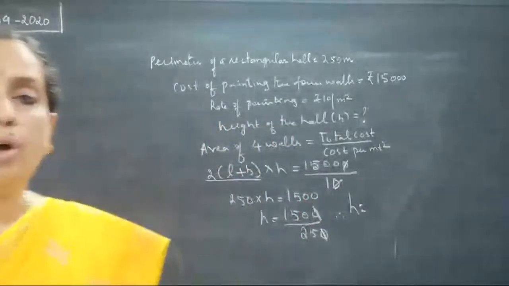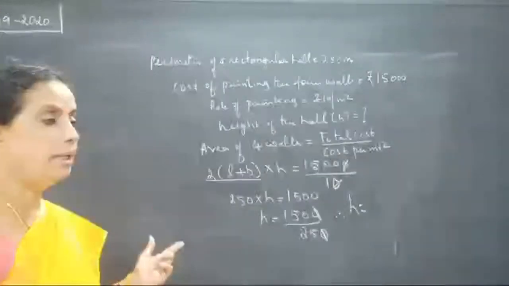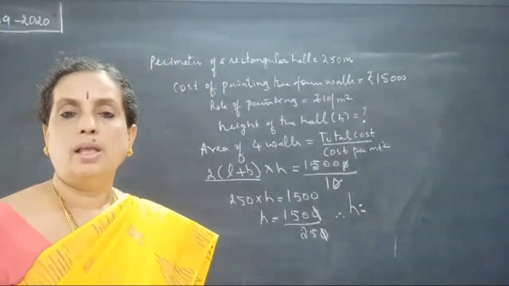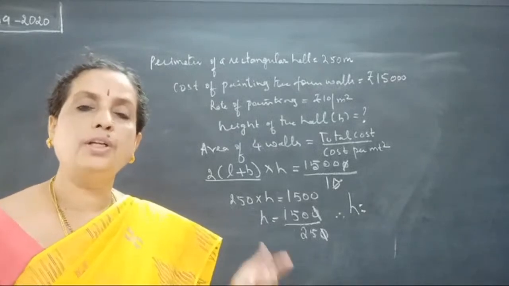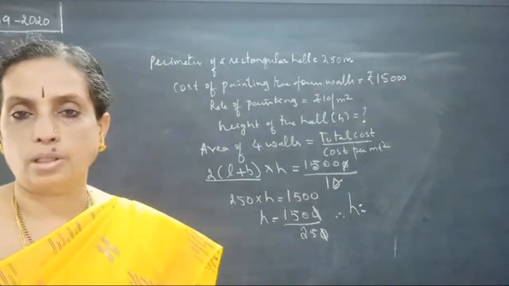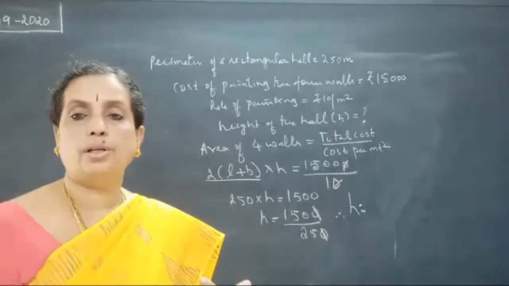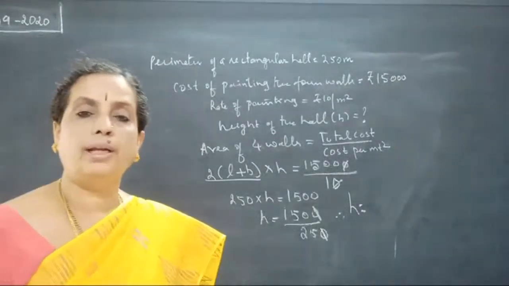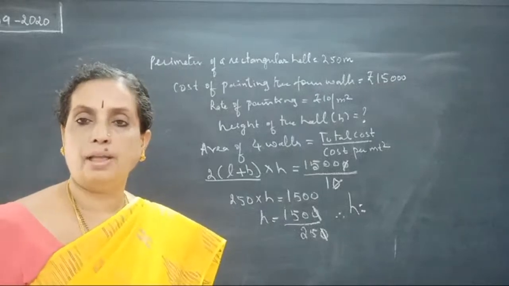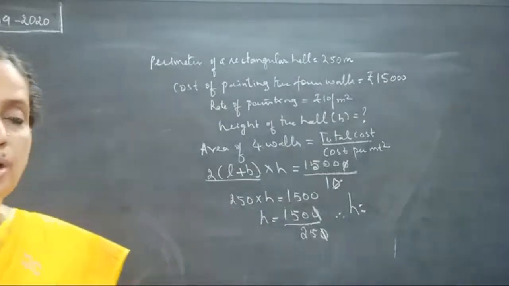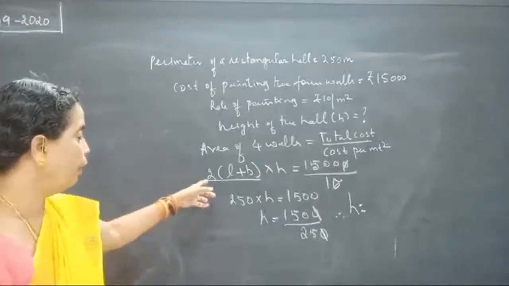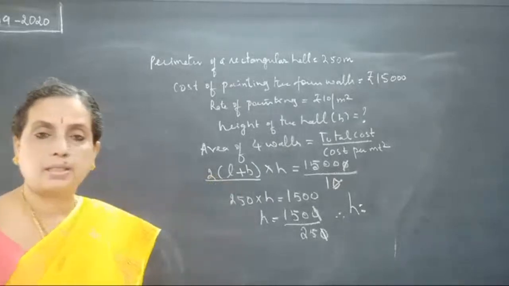So, you should follow the concept. Perimeter into height is area of the 4 walls. Area of the 4 walls into cost is total cost. When I divide total cost by cost per meter square, you will get area of the 4 walls, where perimeter is mentioned. We have to find out height of the wall, that is using the formula 2 into L plus B is given.